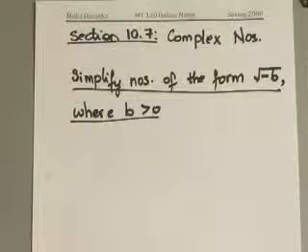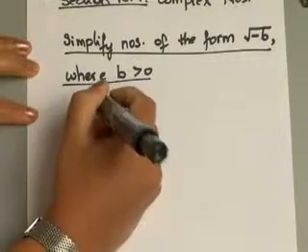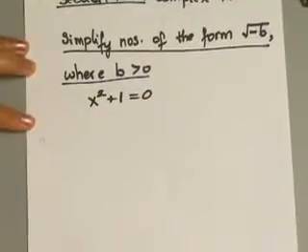So to understand how to simplify numbers of this form, let's go ahead and look at the equation x squared plus 1 equals 0.